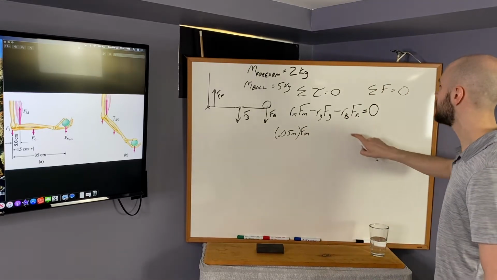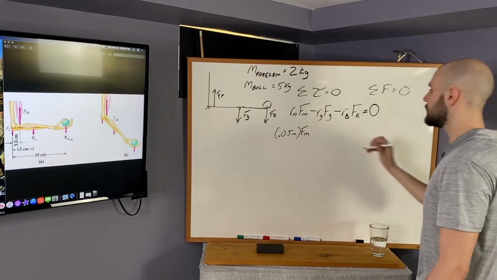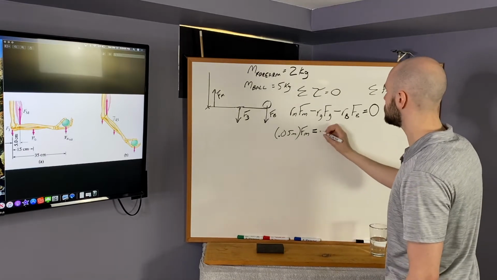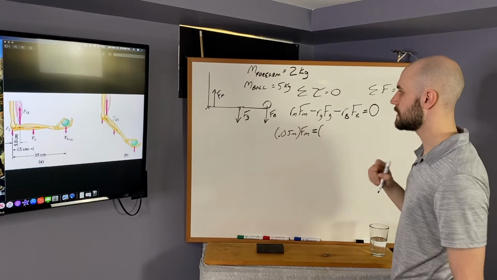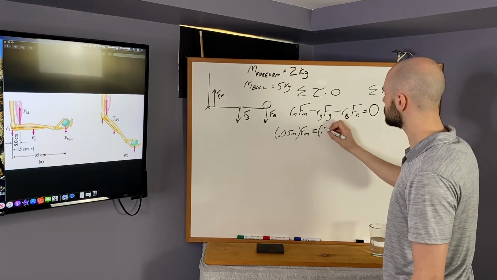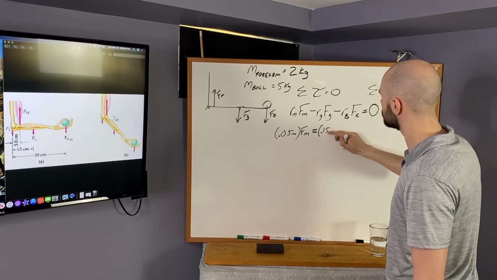I'm just going to move these terms over to the other side so we can make them positive. So if we add these over, we could say that this is equal to the distance from the center of mass of the forearm, which is given to be 15 centimeters, 0.15 meters.